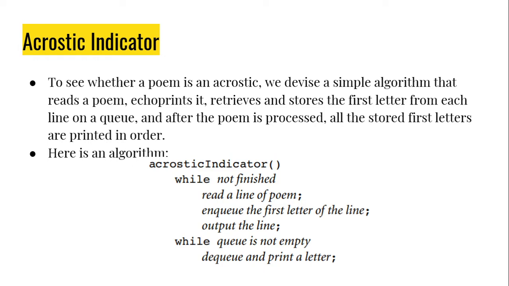We will dequeue from the queue and then print the letter. When you dequeue, you access the frontmost element and then remove it from the queue. In this algorithm, you dequeue the frontmost element, access it, and then print it in our program.